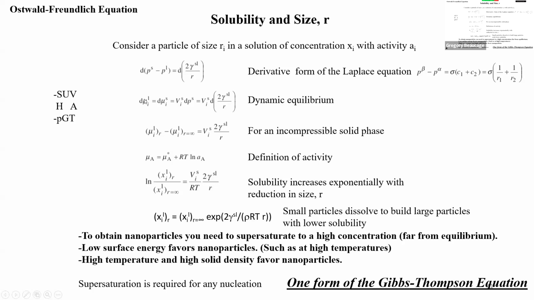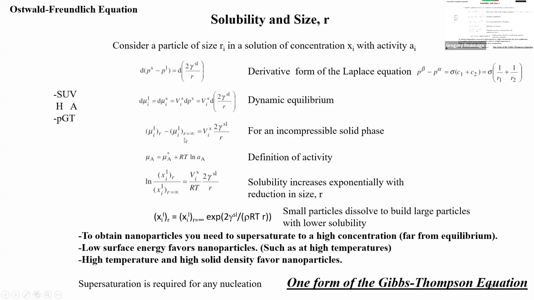Then you can talk about equilibrium between the two phases and write the chemical potentials in terms of the dP and substitute in the Laplace for that, and then integrate this, get this equation.